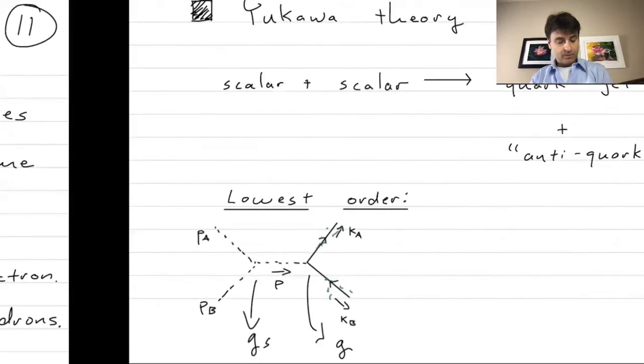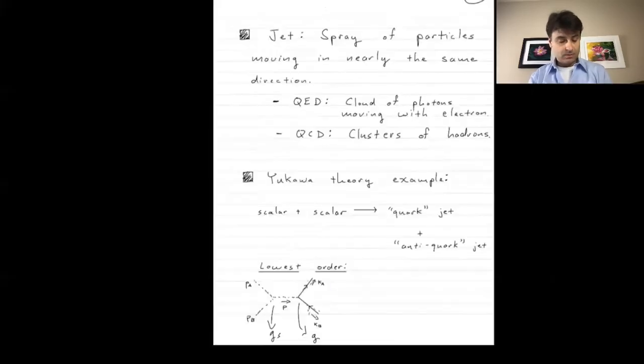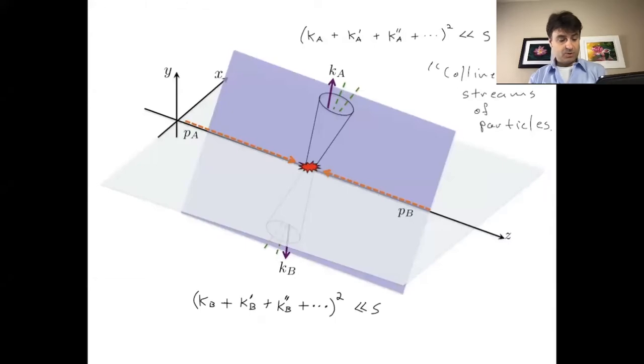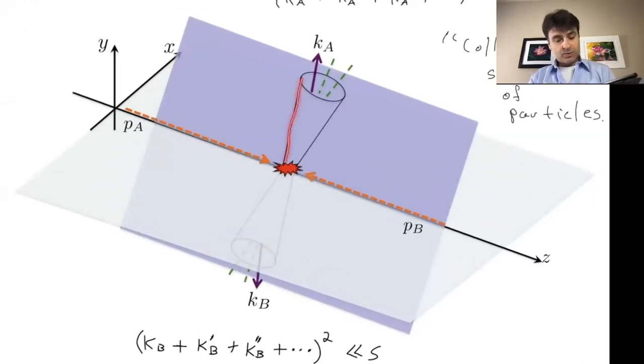in the graph that would correspond to this middle part, the hard part here, where you've got p squared being very, very large because it's carrying all the center of mass energy. And then what I've drawn are cones, basically carving out regions of the final phase space.